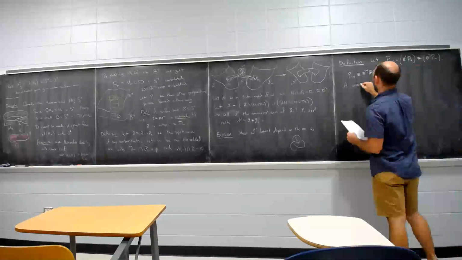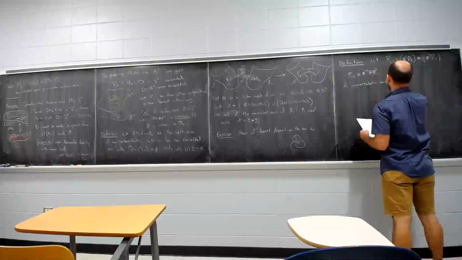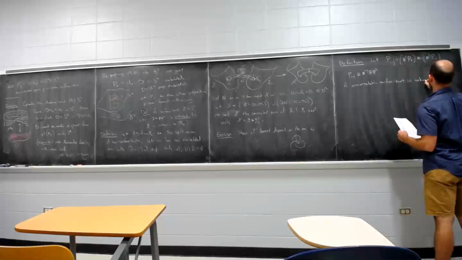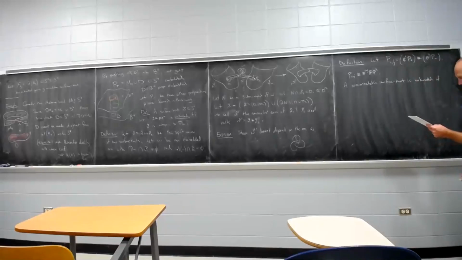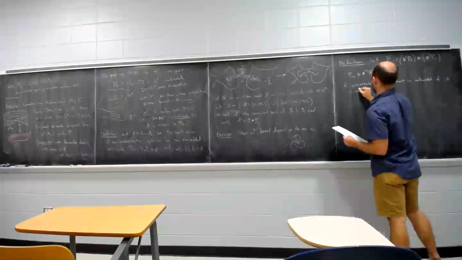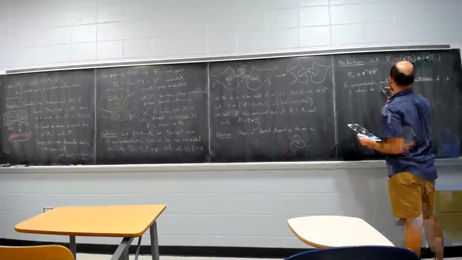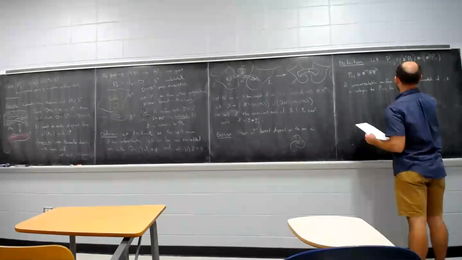So a non-orientable surface knot is unknotted if it is isotopic to P_ij for some i and j.